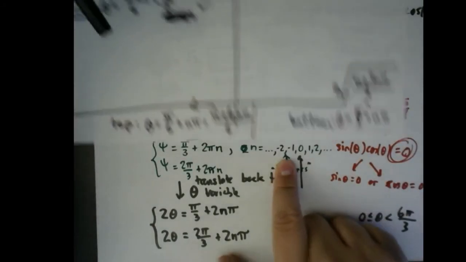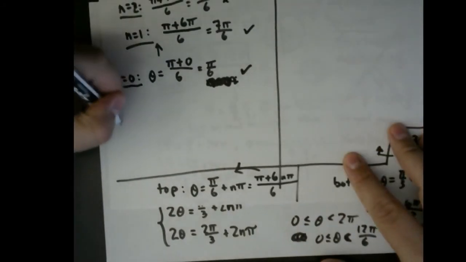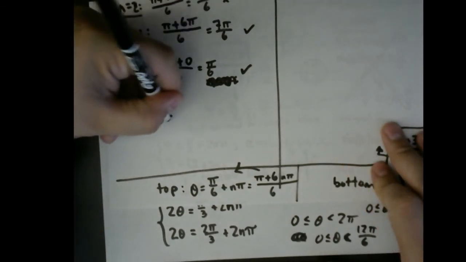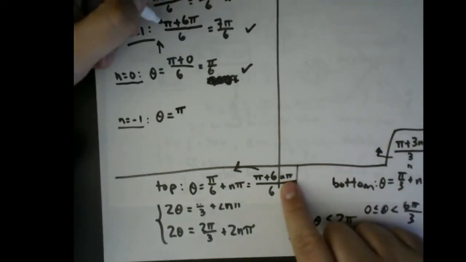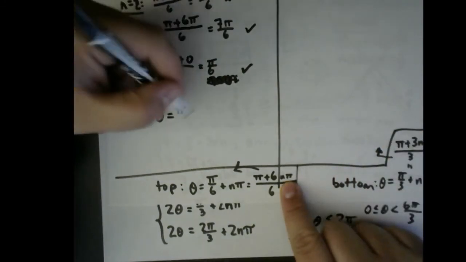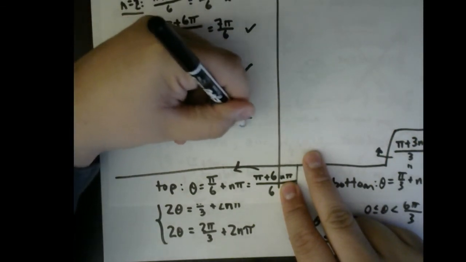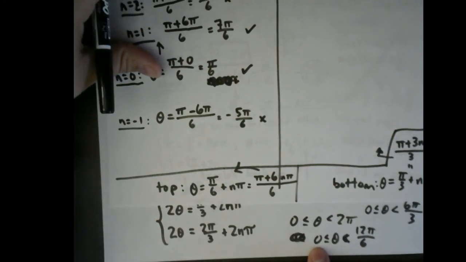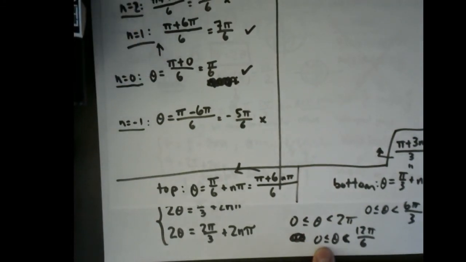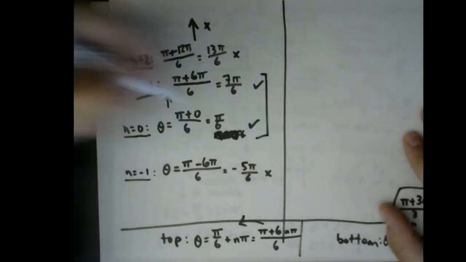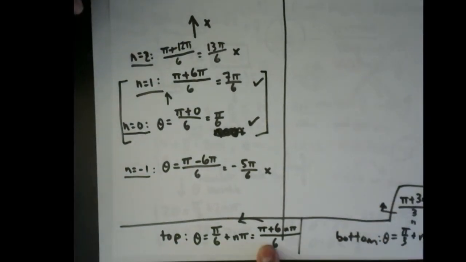Now, you'll recall we allowed integers here, so we also have to consider if n was minus 1. We put minus 1 in for n, and we'll get minus 6 pi over 6, and so we end up with minus 5 pi over 6. That's not allowed either, because we got a negative, and all these thetas have to be bigger than 0. So that means we ended up with these two solutions as good for that equation.